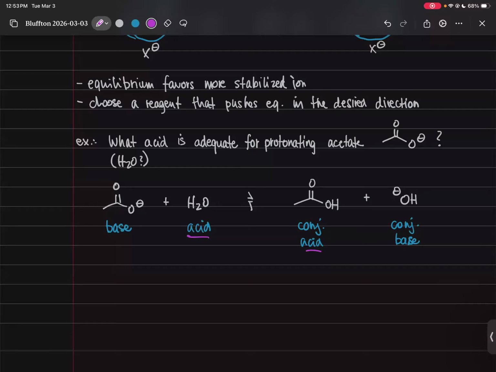The second way is to use ARIO. When we use ARIO, we're looking at the conjugate bases, or both of the bases. We'll say, which of these is the most stable conjugate base? The equilibrium will lie on that side of the reaction.